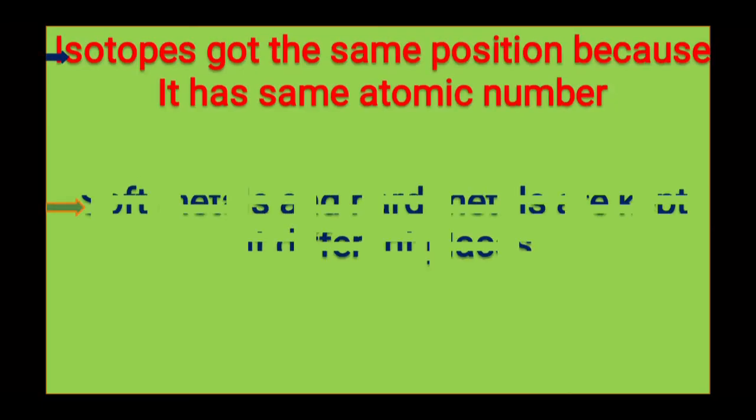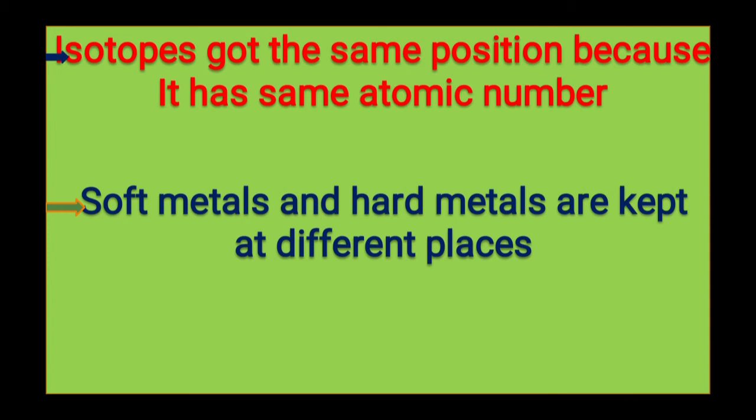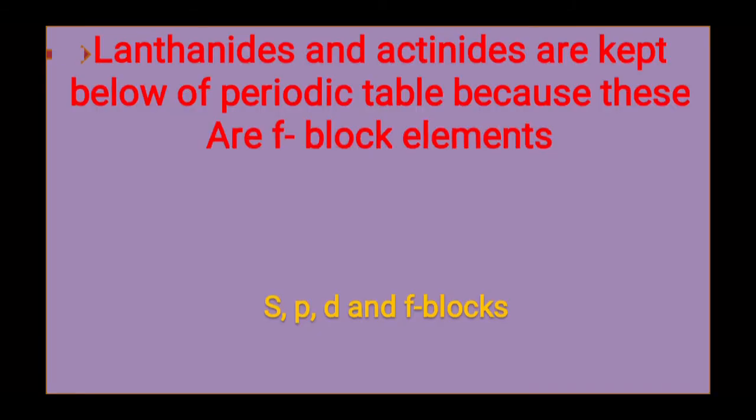Isotopes get the same position because they have the same atomic number in the modern periodic table. Soft metals and hard metals are kept at different places. Lanthanides and actinides are kept below the periodic table because these are f-block elements.